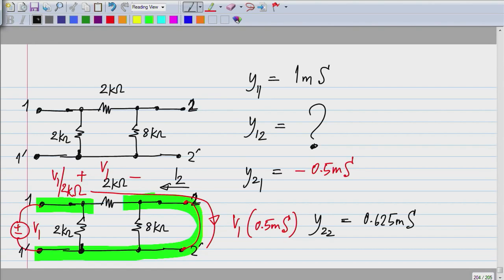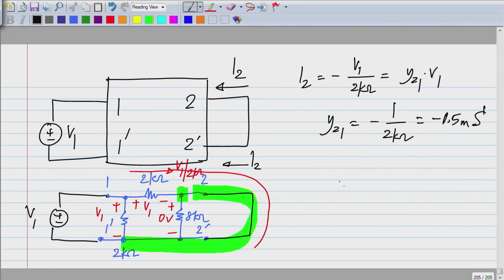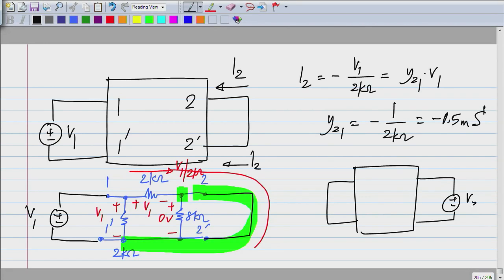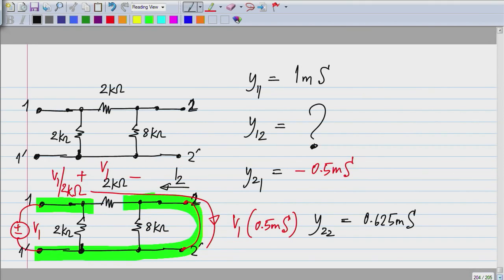So to calculate Y12, you have to apply V2 to port 2 and calculate this current flowing in port 1. So again, I think Sumit has got it right. So it is minus 0.5 millisiemens.